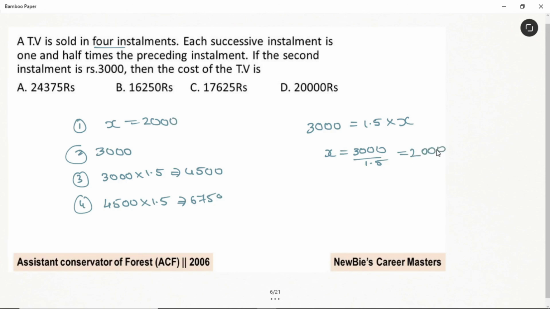So the first installment is 2,000, second 3,000, third 4,500, final 6,750. In order to find the cost of the TV, you just have to add these values. Very simple. Answer is 16,250 rupees. So you have to take option B.